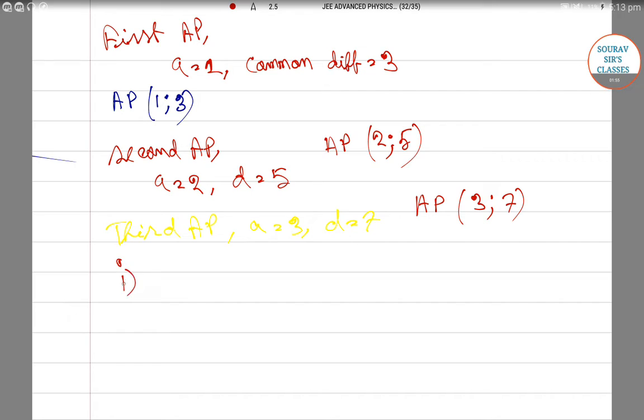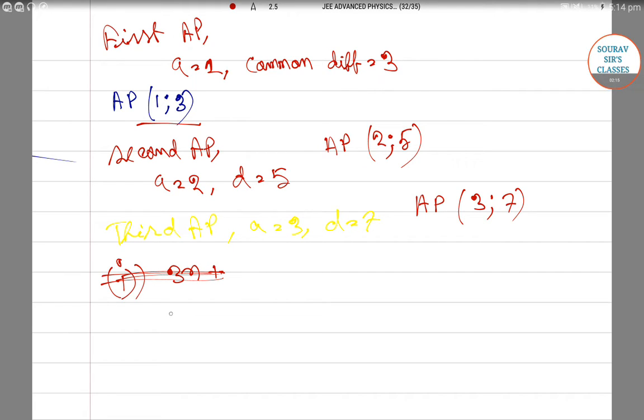So for the first AP, 3n plus 1, here we have for the first AP 1 and 3. The first term is 1 and the difference is 3.